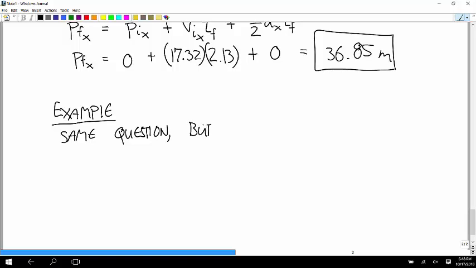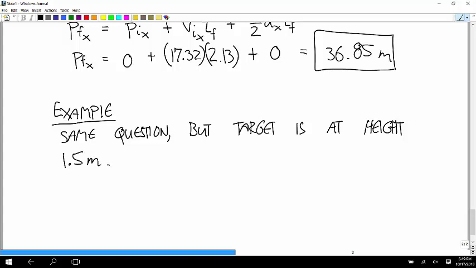But this time, the target is at the height 1.5 meters.